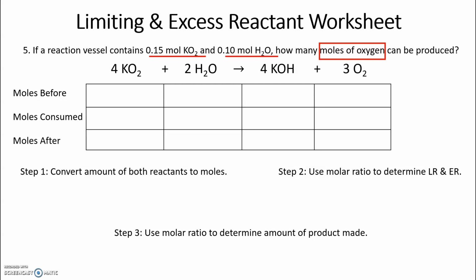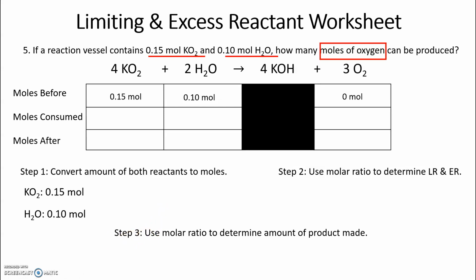So we first want to start out by listing the amount of moles that we have before the reaction occurs. So first, the problem states we have 0.15 moles of KO2. So we'll go ahead and fill that in on our BCA table. We also note that the starting amount of moles of water is 0.10. So we'll take a moment to fill that in.